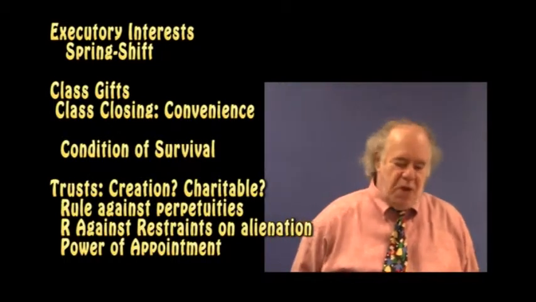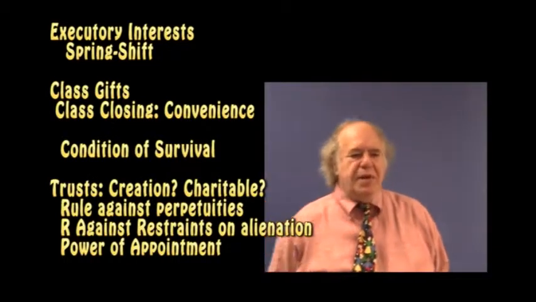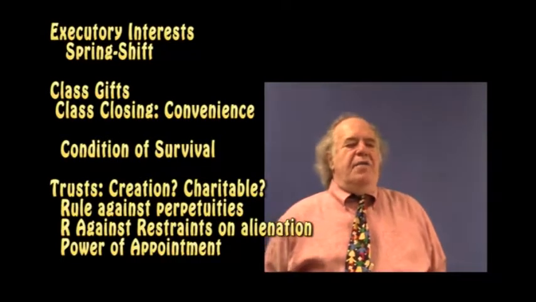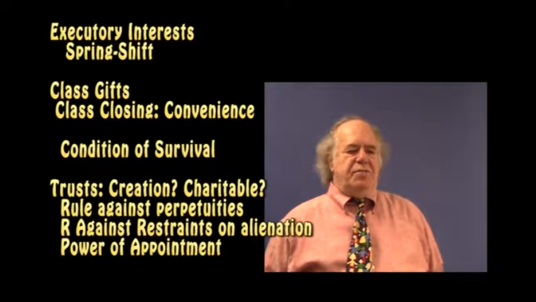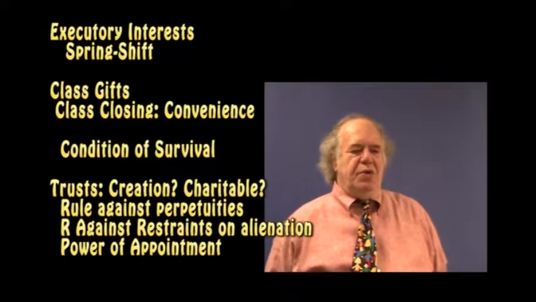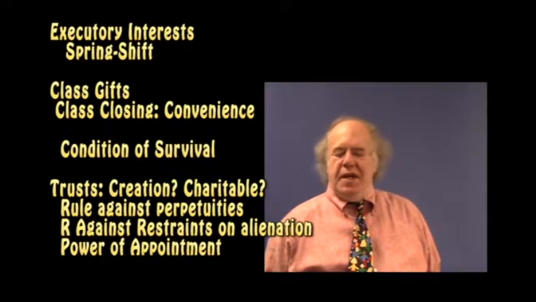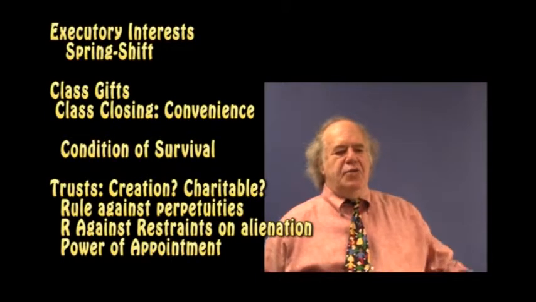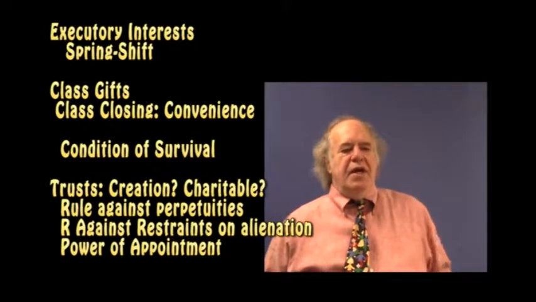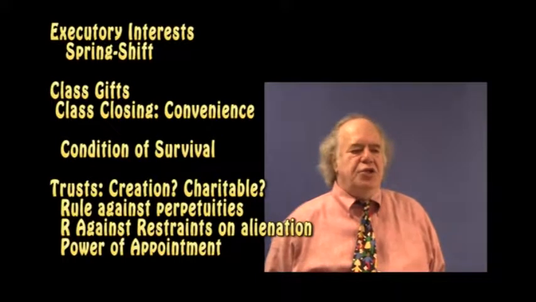But the common one that you need to be aware of is the vested remainder subject to open, also called subject to partial divestment. Examples all over the place. To A for life, then to B's children.